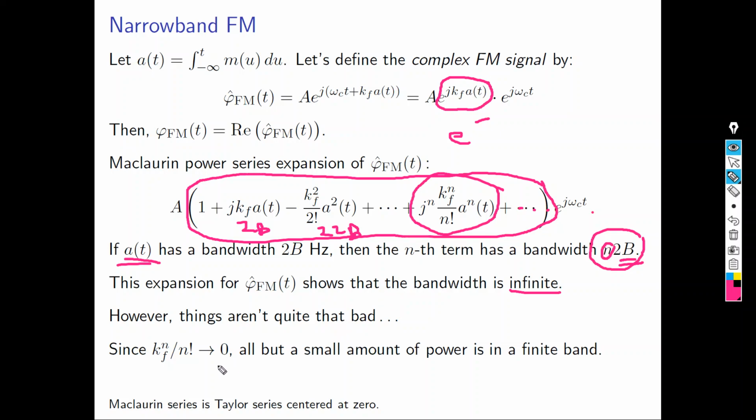However, when you try to find the power of that signal with this bandwidth, you find out that the power is almost close to zero. So imagine your signal has this bandwidth, but the power of that signal is this.